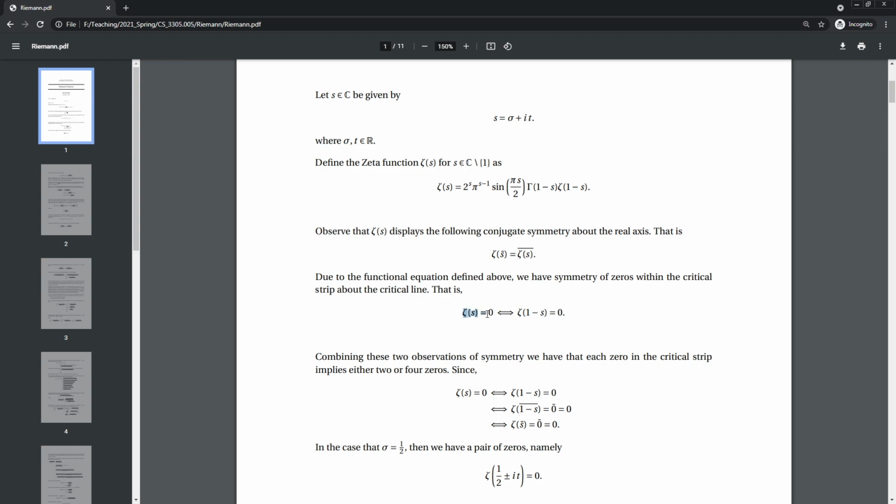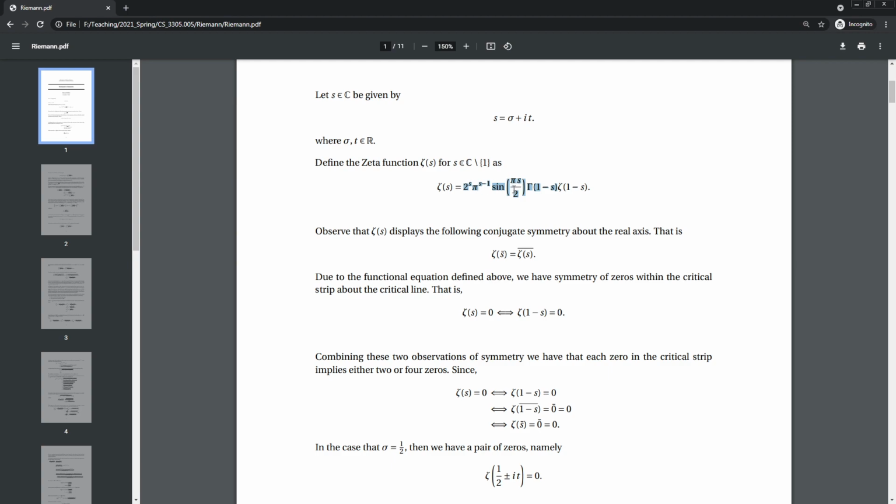And so we have this additional property that whenever this value is 0, if you have one value which is 0 and you reflect it across the critical line, then you get another value of 0. So there's this symmetry. And the reason is right here. If this was 0, well, none of this is 0. We know that none of these are constants.